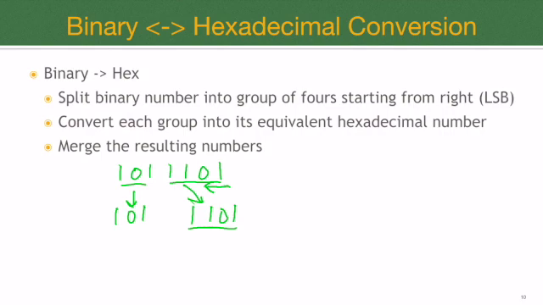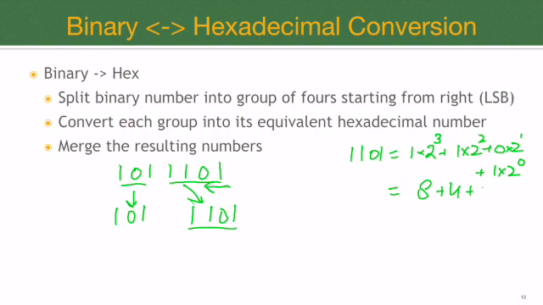So if I have to find the value of 1 1 0 1, it will be 1 multiplied by 2 power 3 plus 1 multiplied by 2 power 2 plus 0 multiplied by 2 power 1 plus 1 multiplied by 2 power 0, which is equal to 8 plus 4 plus 0 plus 1, and this number is 13.